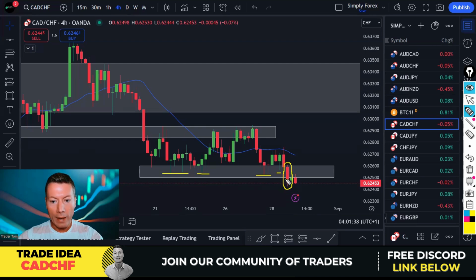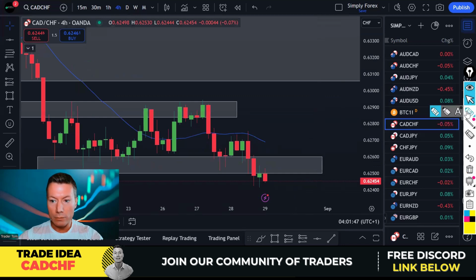So we've had a break of these important lows, and we're in a downtrend. And then as soon as price retraced into this grey zone, we've got a bit of a reaction. I've started selling here, stop above here, and we're looking to take price potentially all the way down to that blue line. So Canadian dollar, Swiss franc sells.